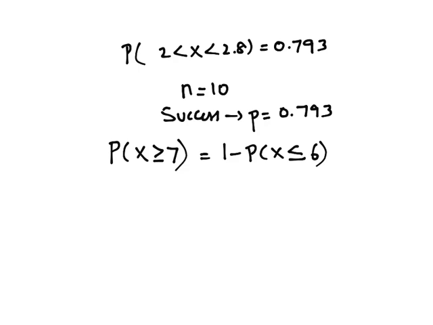So you'll get 0.134. So the final answer is 0.866. So the probability that at least 7 of the chickens will weigh between 2 kilograms and 2.8 kilograms is 0.866.